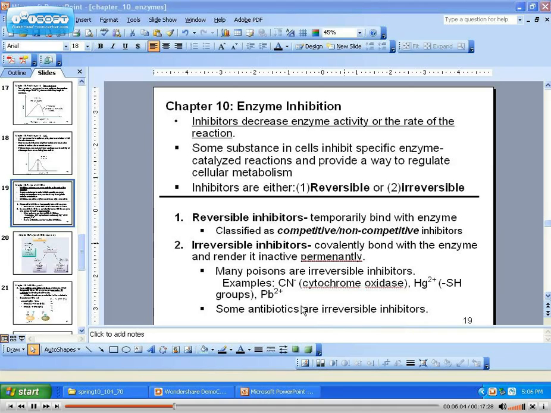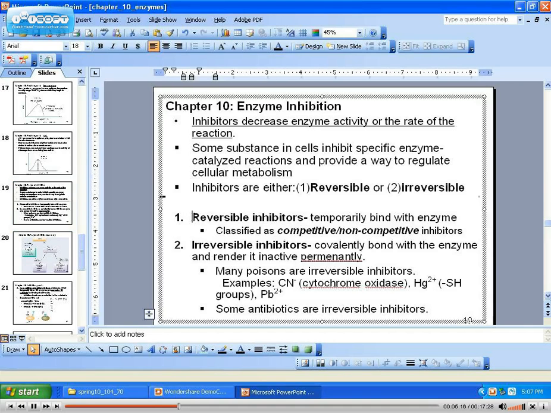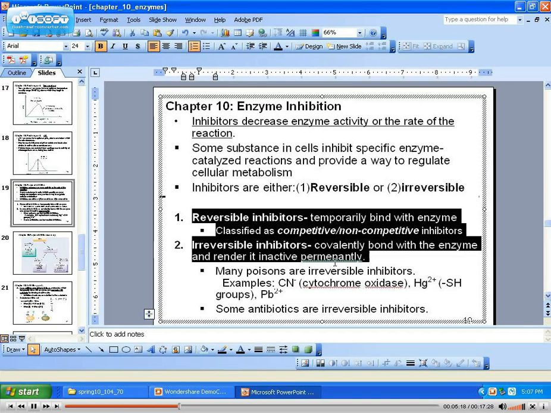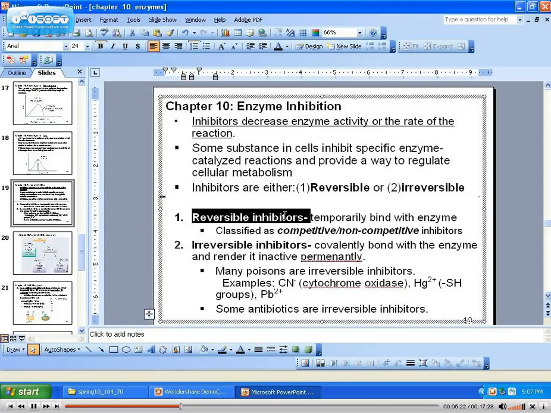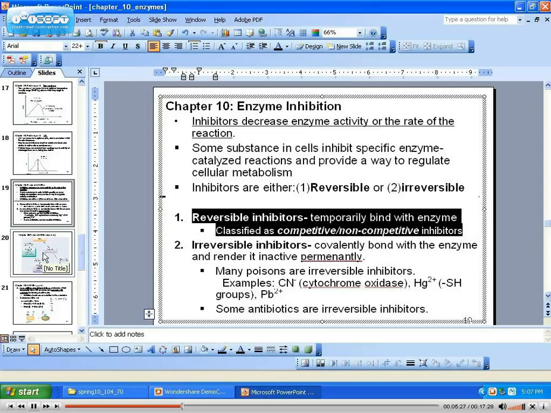Let's go ahead and go back to our enzyme inhibition slide. So it's pretty wordy here, but we're talking about inhibitors, and we have two types of inhibitors. We have reversible inhibitors and irreversible inhibitors. So in the example I just gave you, these are examples of reversible inhibitors, competitive and non-competitive.